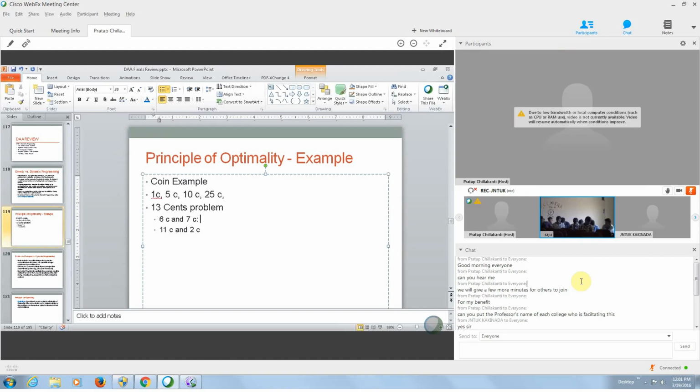If I do 6 cents and 7 cents, how many coins will that be? I will have a 5 cent coin plus 1 cent coin for the 6 cents. Then I will have another 5 cent coin, another 1 cent coin and another 1 cent coin.